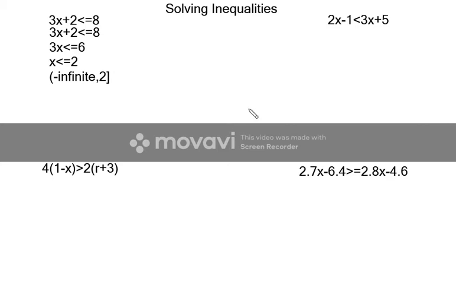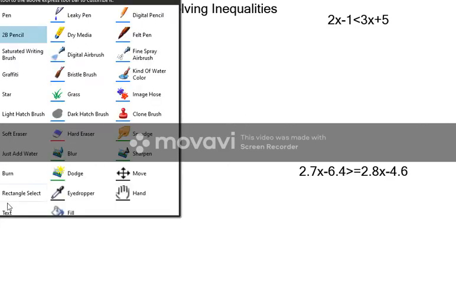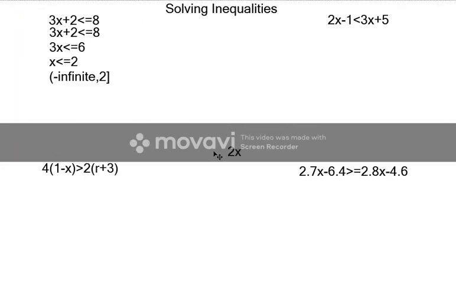We have 2x minus 1 is less than 3x plus 5. This is when you have one variable, but it's on both sides. So you do the same thing.